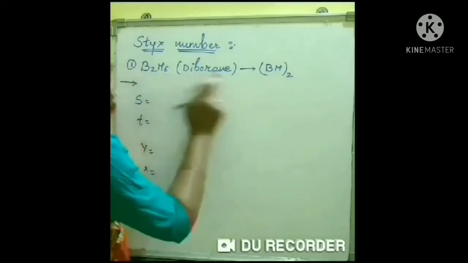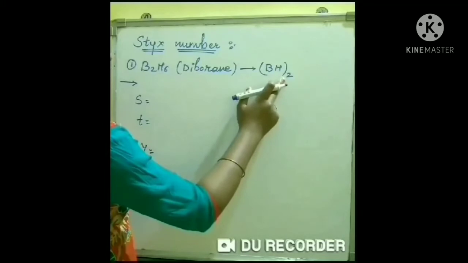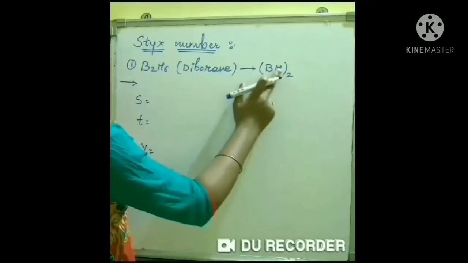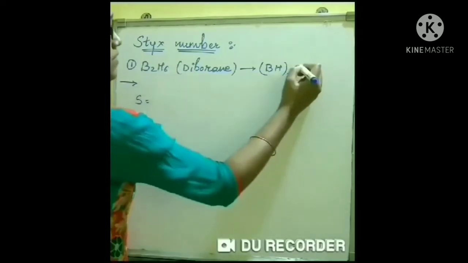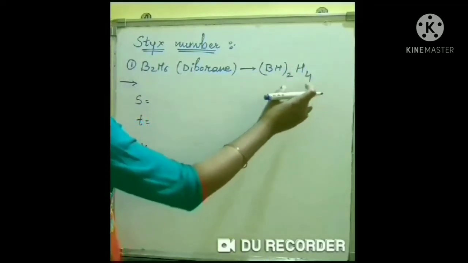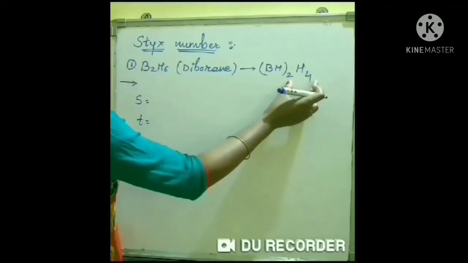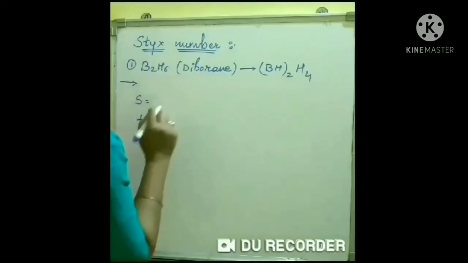As you have written 2 outside the bracket, that means 2 boron atoms as well as 2 hydrogen atoms. So how many hydrogen atoms remain? 4. So BH2H4. The total number of H is 6. In this way, you have to split the B2H6.